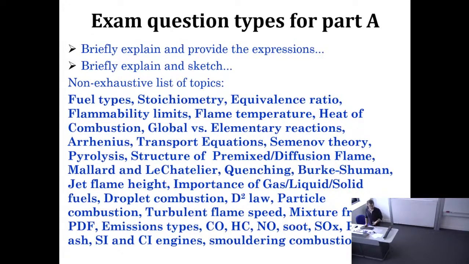I will not be asking about you about the smoldering combustion. Okay. So all these topics, all of them have been mentioned in the class, are in the slides, are in the book, except the specific topics of diffusion and turbulent flames and particle combustion, which are covered, and some pollutants, which are covered in the notes of the slides.